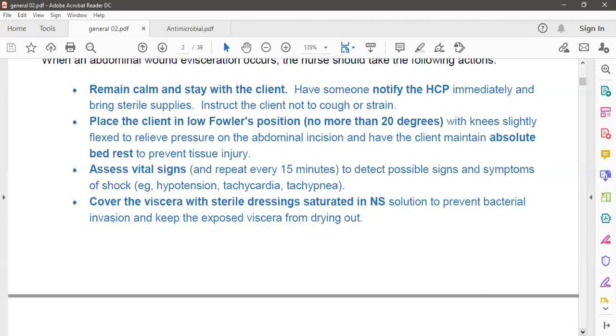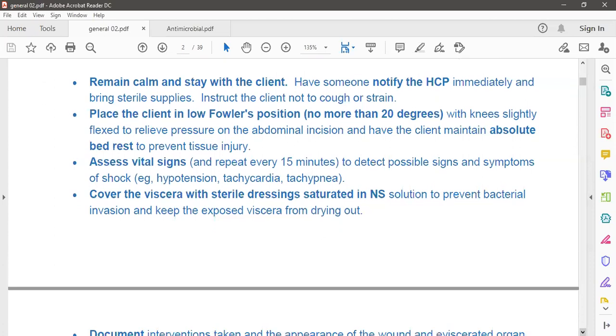In case of evisceration, when the organ has come out, we cover it with a sterile dressing gauze saturated with normal saline solution to prevent bacterial invasion and keep the exposed viscera from drying out.